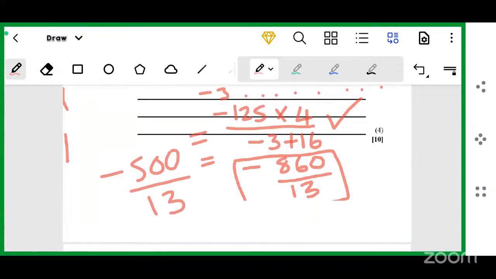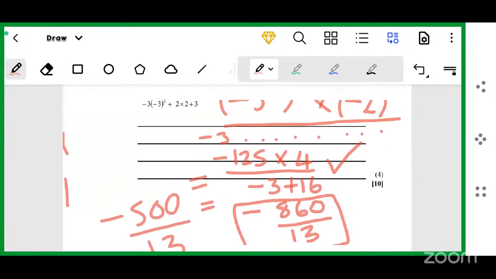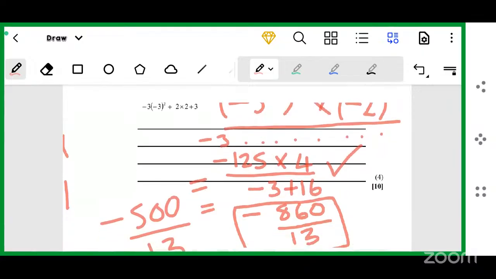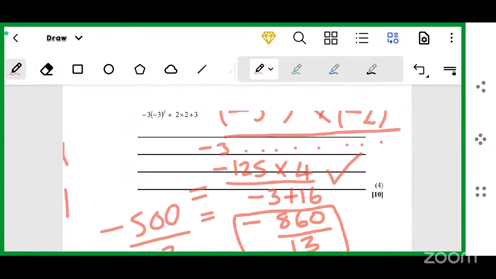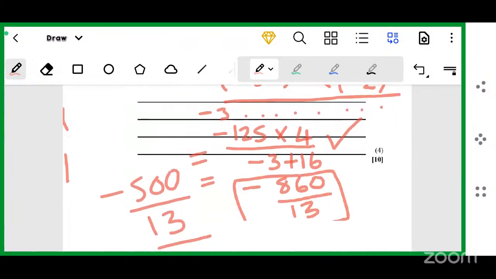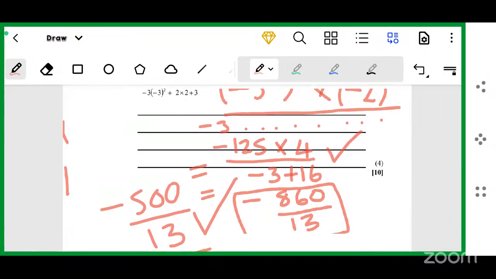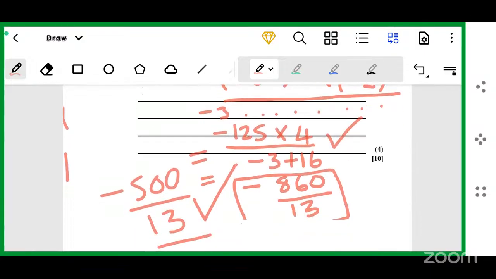That's the final answer. Okay. So let me see. If we punch this correctly, then how we did it is actually correct. I'm not so sure about the final answer, but yeah, we did it correctly.